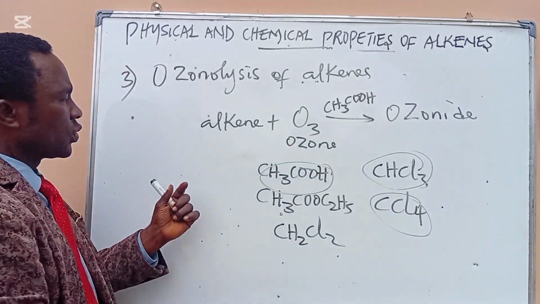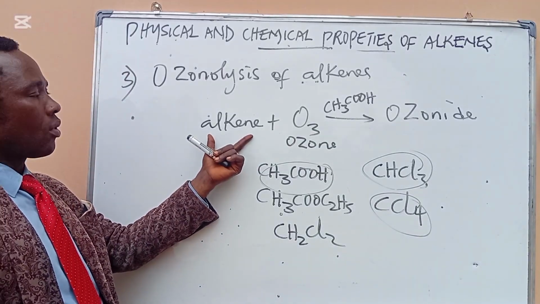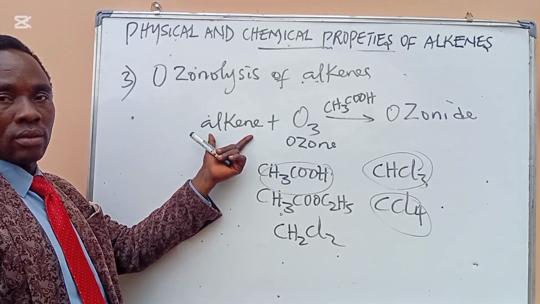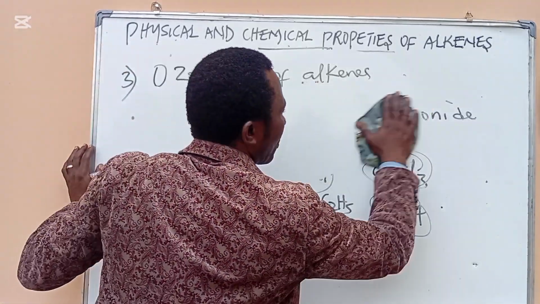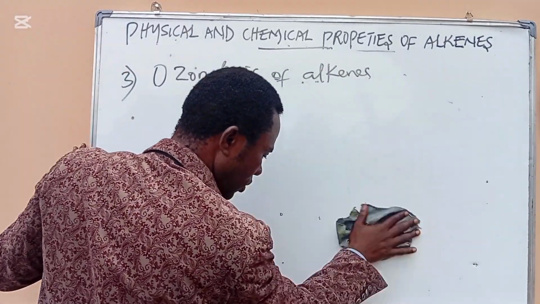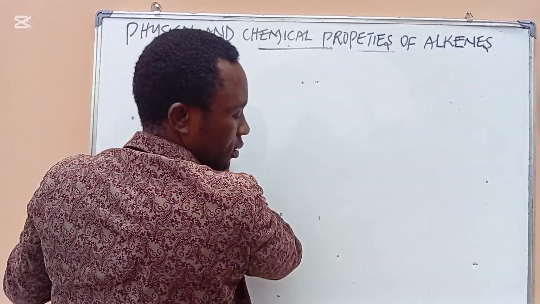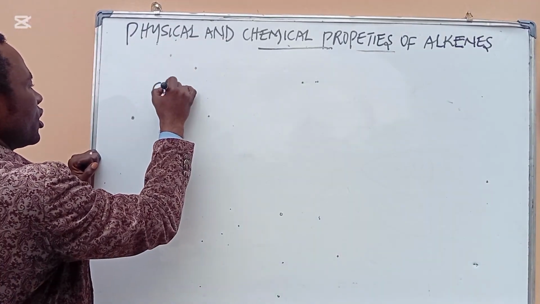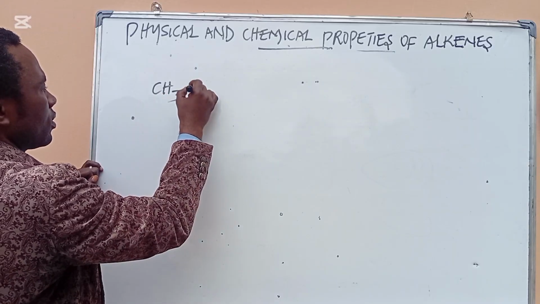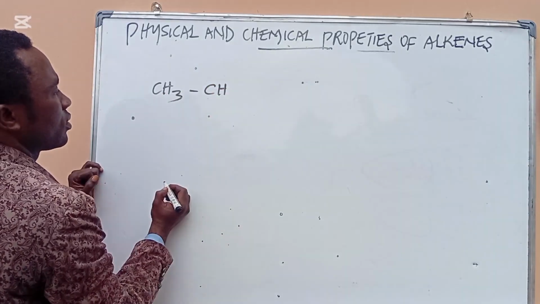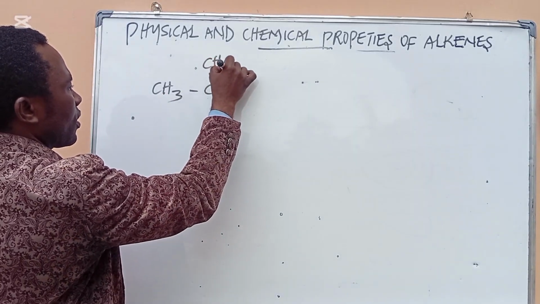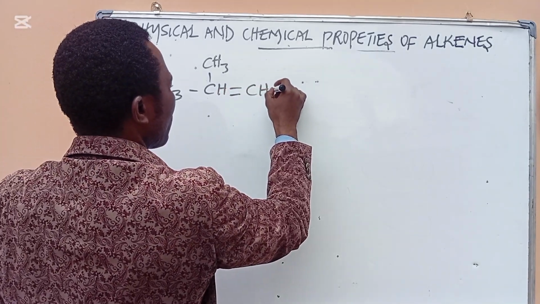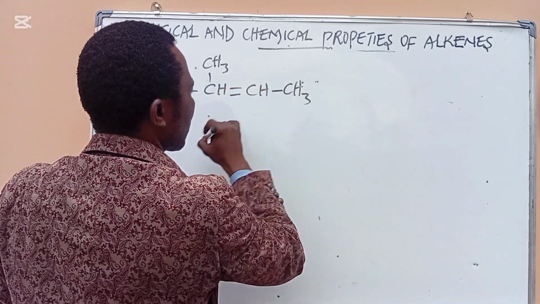Now let us use an example of an alkene to show the reaction of ozonolysis. What we have is CH3, CH, double bond CH, then we have CH3.